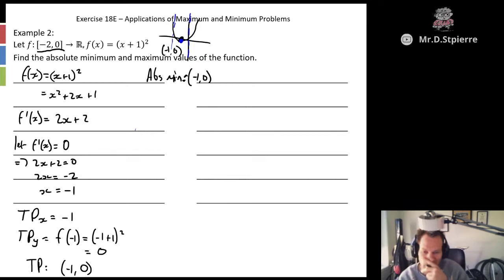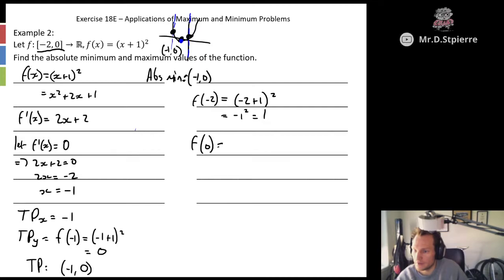Now we just need to find our max. Well, our max will be either the left-hand endpoint or the right-hand endpoint. So we just need to substitute those in. So f of -2 is equal to -2 plus 1 all squared, which is -1 squared, which is 1.